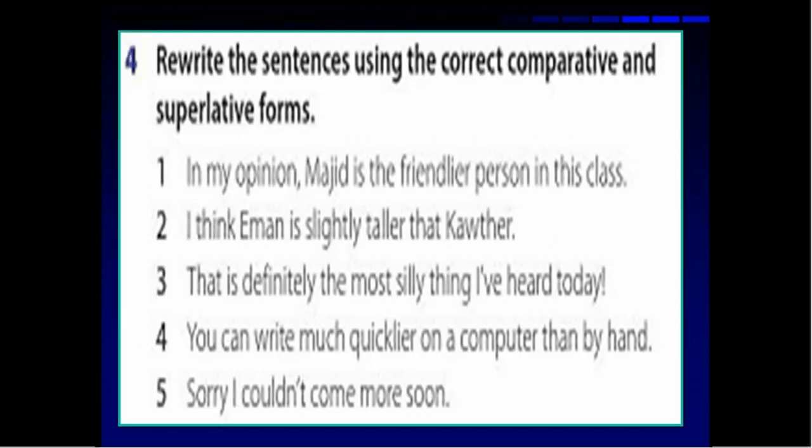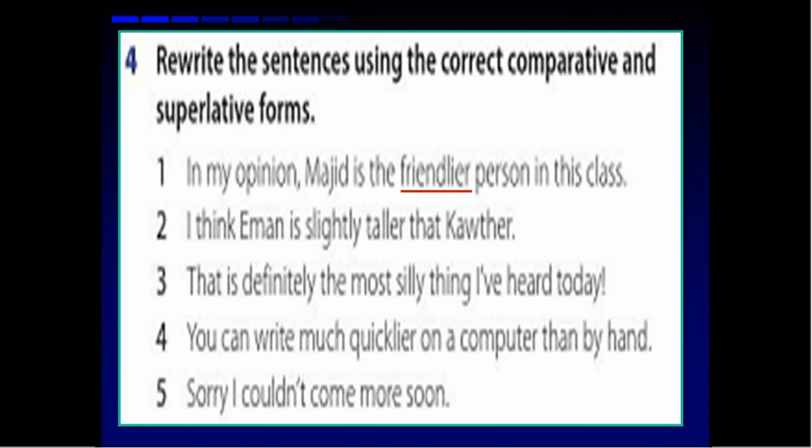Next. Rewrite the sentences using the correct comparative and superlative forms. Number 1. In my opinion, Majid is the friendlier person in this class. What about my mistake here? Friendlier.